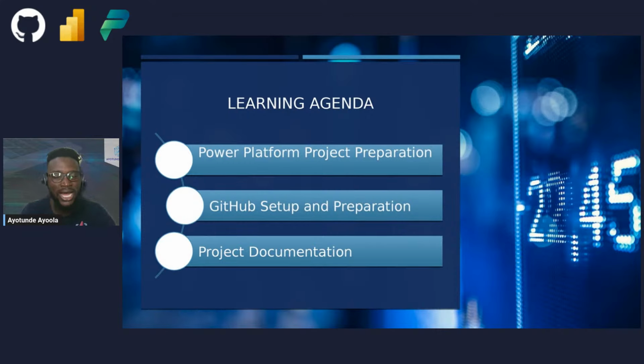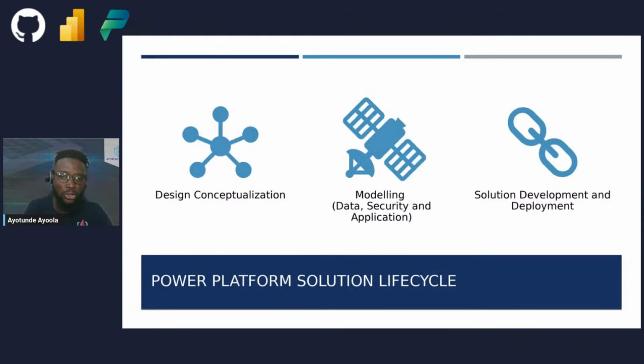The bonus is that we would add some nice things to it around how you should actually prepare. What are the patterns you should follow as a Power Platform developer, whether you develop with Power Apps, with Power Automate, with Power Virtual Agents, irrespective of the Power Platform tool that you use. The documentation is still the same model. So we'll be looking at that as we go on today.